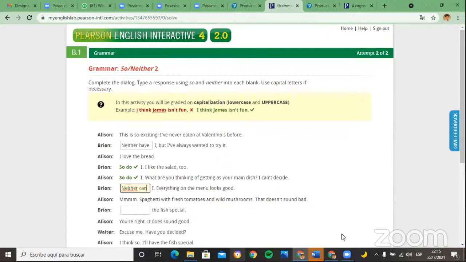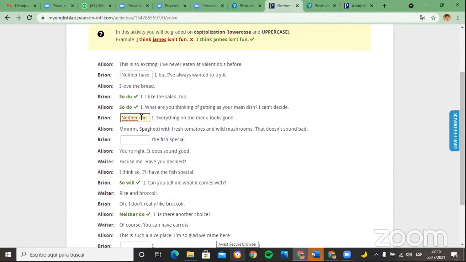Here would be "can too." Exactly. Yeah, of course, "can" because you have the auxiliary in the sentence. This sounds weird, I don't know why.